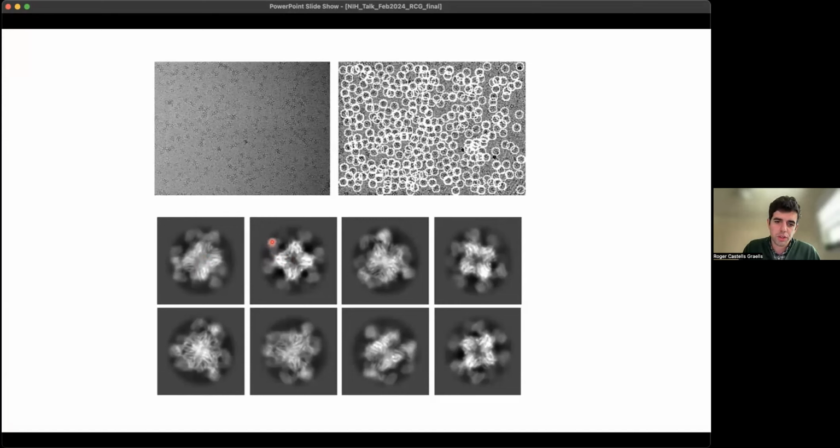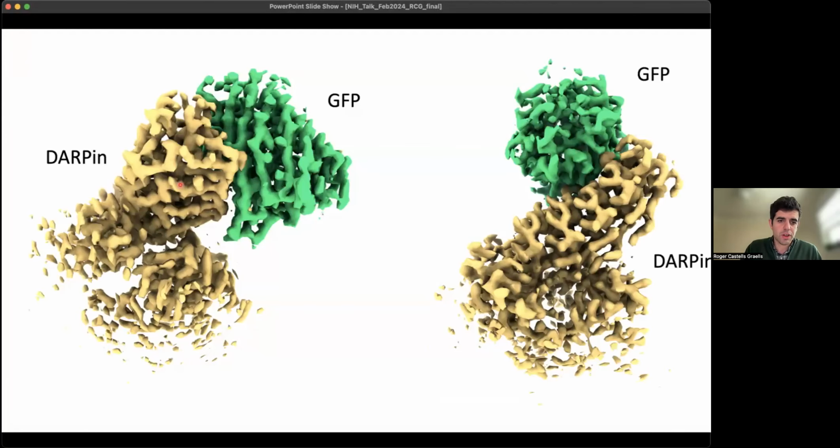So now I'm going to show you a 3D reconstruction of one of these binding sites. So here you can see a focused view on one of those DARPins, and here one of the GFPs bound to it. As I say, this is pretty cool that now we can see a protein like GFP that is 26 kilodaltons with cryo-EM, and we can see nice secondary structural features.